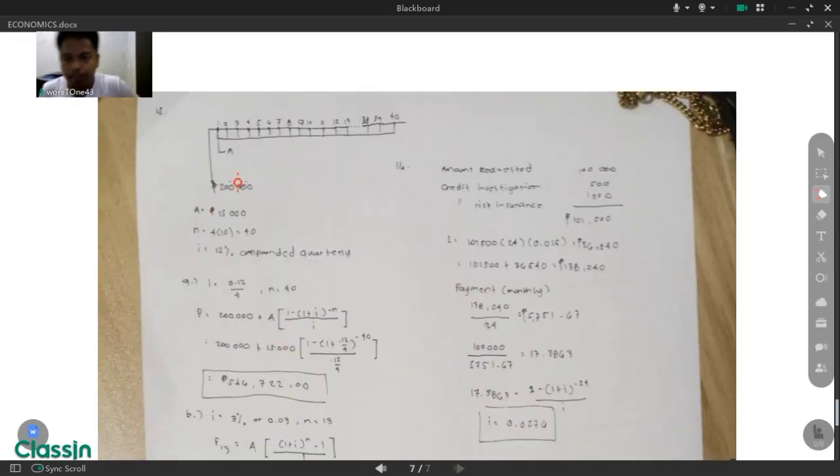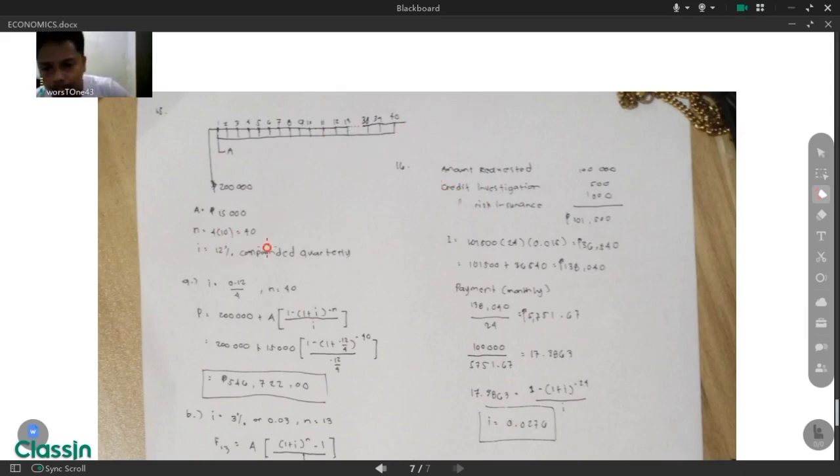Okay, so our cash flow here: cash flow out, the down payment of 200,000, plus this 15,000 payment every 3 months. So there are four payments in 1 year, 4 times 10, since 10 years is the term, so we have 40 payments all in all.